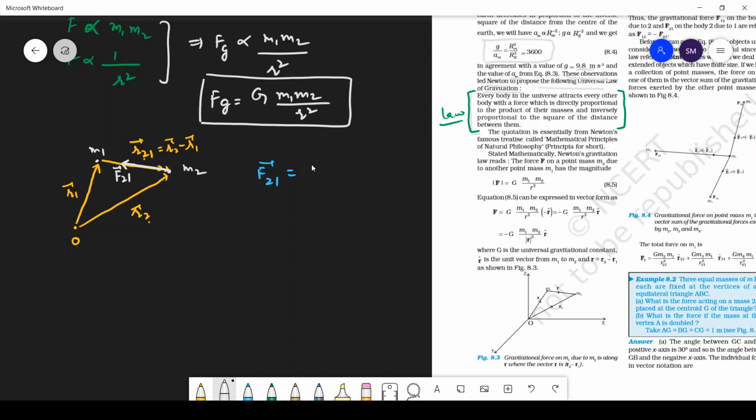What is the magnitude? G m1 m2 upon the distance between them squared. What is the magnitude of this R21? This distance is R21, so you can write R21 squared, that's the distance between them. Fine. What is the direction? See, this is the direction of F21. What is the direction of R21? R21 is on this side.